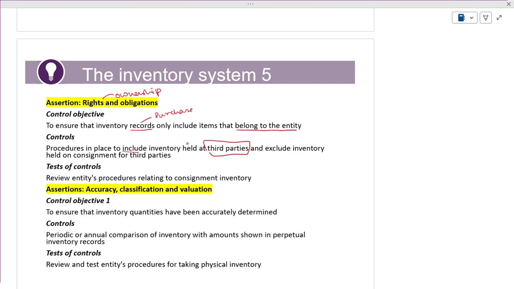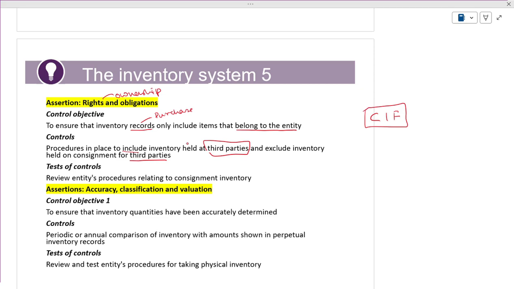If it is consignment for third parties, in sales, consignment is where you have dispatched it but it has not reached. The moment it reaches, ownership will be transferred. Till it has not reached, ownership is not transferred. Now, whenever you are buying something, they say it is CIF, cost, insurance and freight.